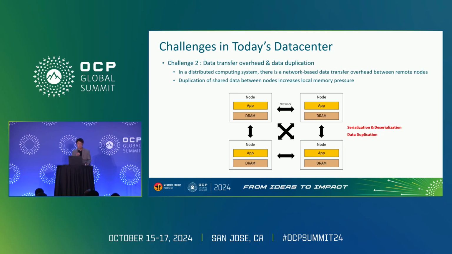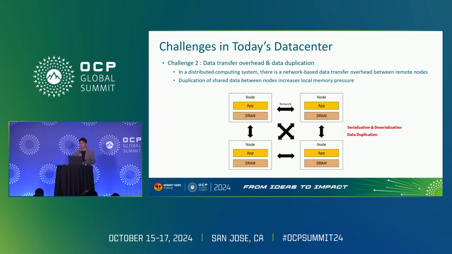All right, so this is the second challenge. Distributed computing systems can be a powerful solution for large-scale AI applications, such as large language models and deep learning recommendation models.